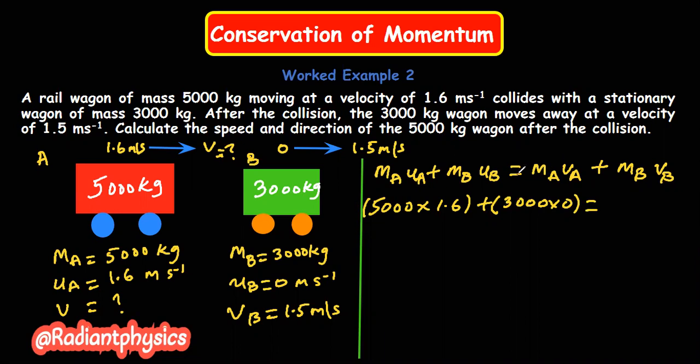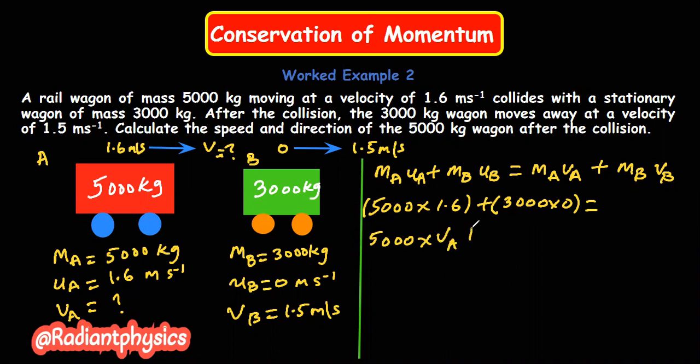Equal to mass of A, which is going to be 5,000 again, times VA, which we don't know. So let's write it here.